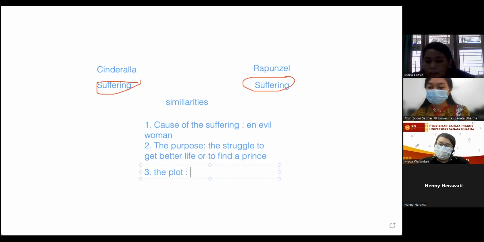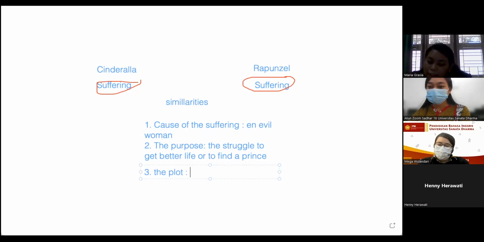Wait a minute, miss. What is meant by plot?